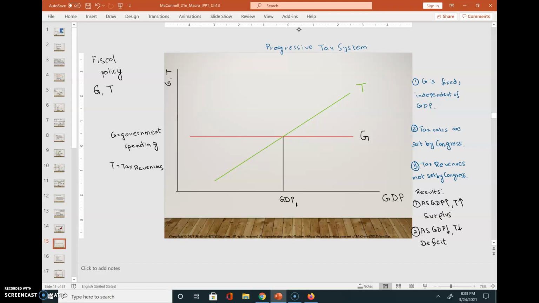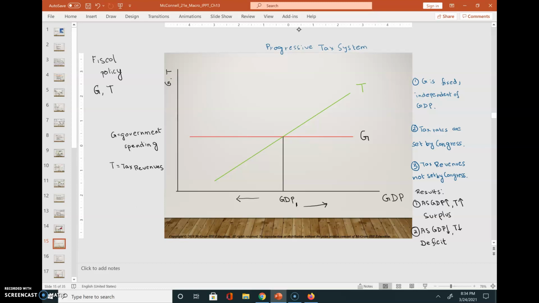Okay. So if you go towards the right, the gross domestic product is increasing. If you go towards the left, gross domestic product is decreasing. As gross domestic product increases, that means the productivity is high in the economy. Unemployment is low. When unemployment is low, a lot of people are in jobs, and as a result, they can pay taxes and the tax revenue is going up.